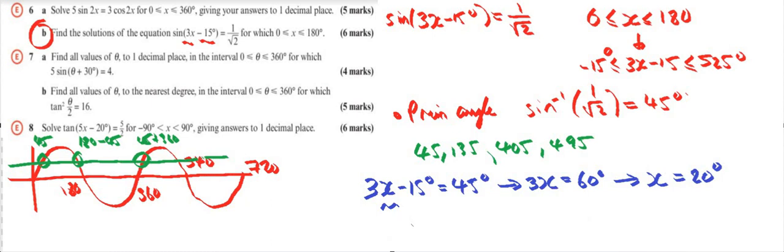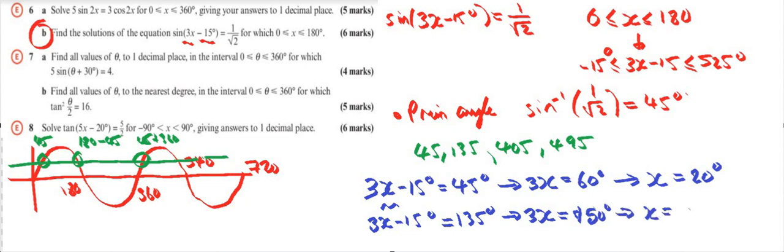We do the same thing with the next one. So 3x minus 15 degrees equals 135. So 3x equals 150 degrees, and therefore x is equal to 50 degrees. Okay, so then I get my solutions.